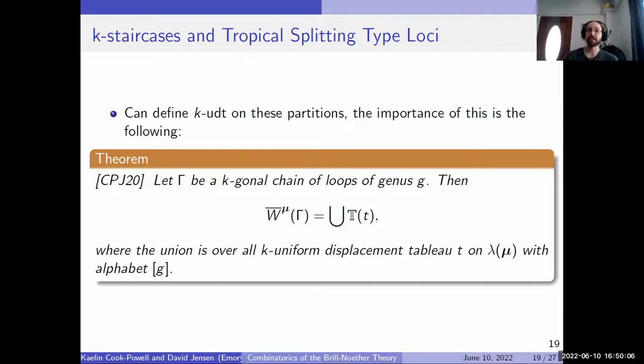And the union over all such tori is going to be the splitting locus on the chain of loops. So I can again combinatorially parameterize the splitting locus in terms of tableau on newer, weirder partitions.